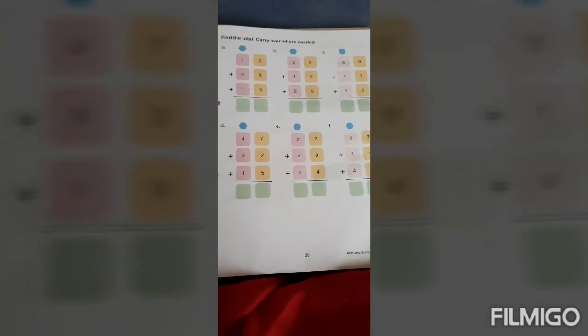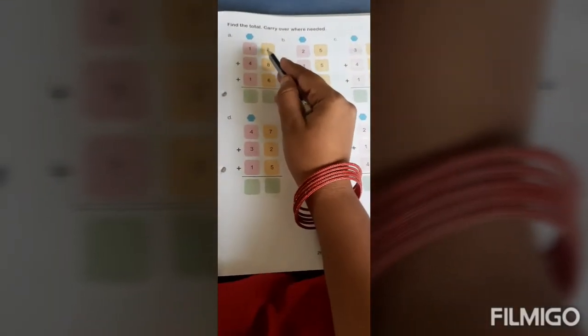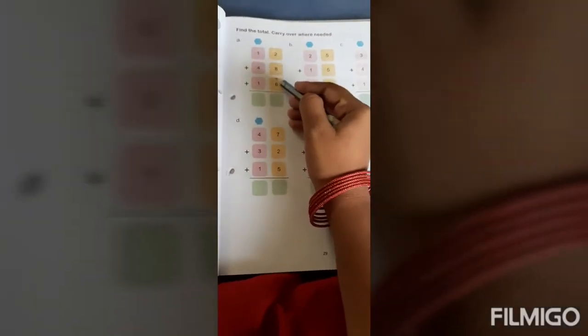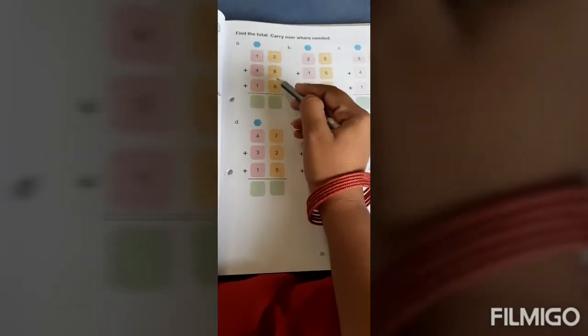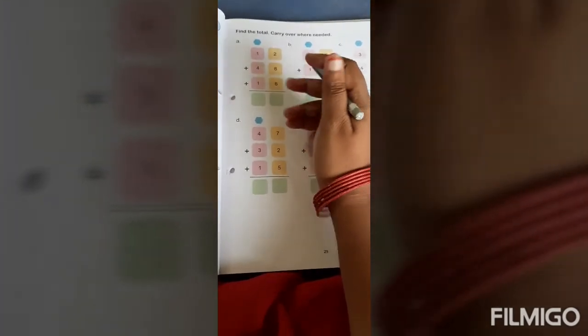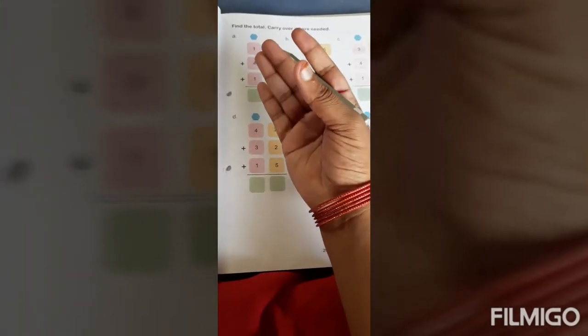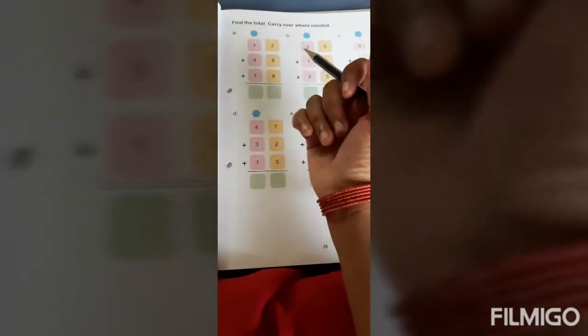Okay, children, now everyone open companion page number 29. Find the total, carry over where needed. Find the total means you have to do the addition and carry over where needed. Addition always starts from the ones place. Here 2, 8 and 6. 2 plus 8 is 10. And 10 plus 6 is 16.